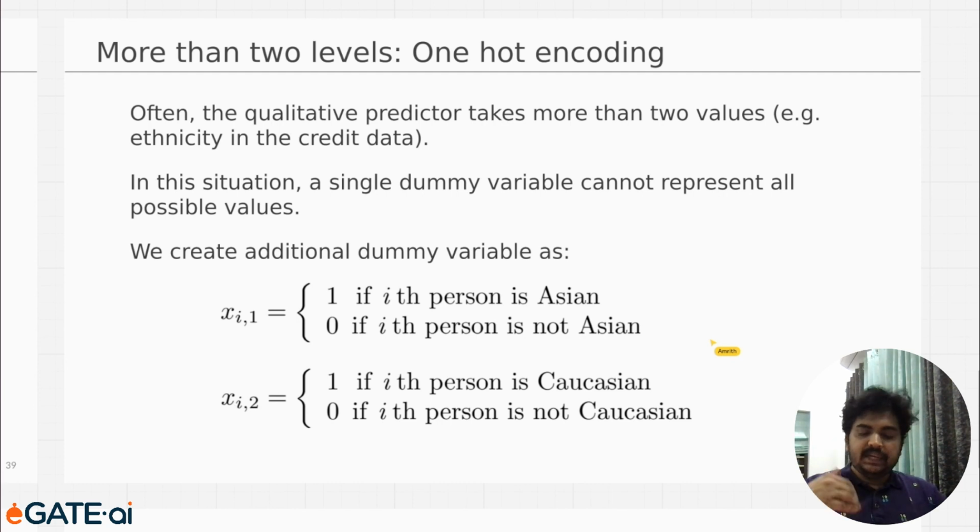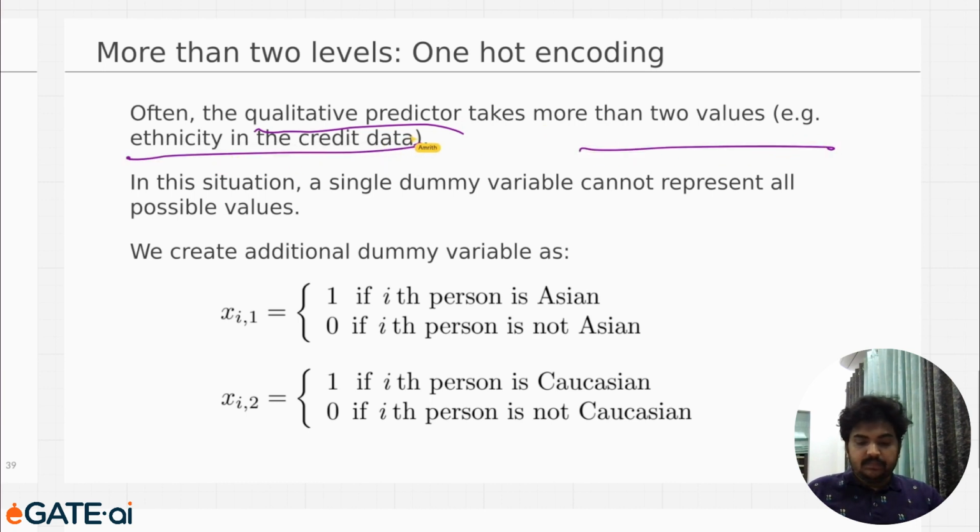Now let's take a little bit more complex scenario. When we talk about a qualitative predictor like gender, we talked about 2 possible values for it. But what if there are more than 2 values? Say ethnicity. Here, a single dummy variable cannot represent all possible values. We have to create dummy variables as follows.